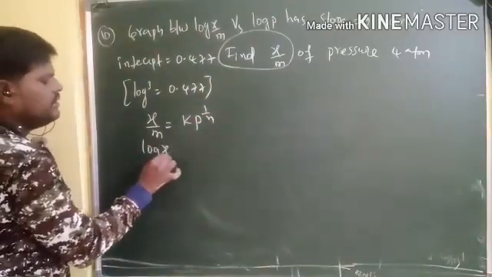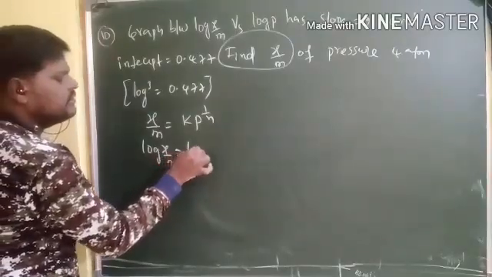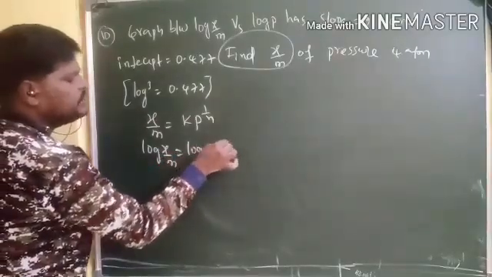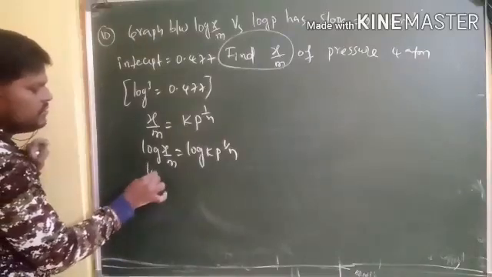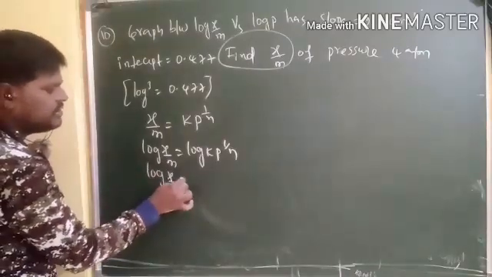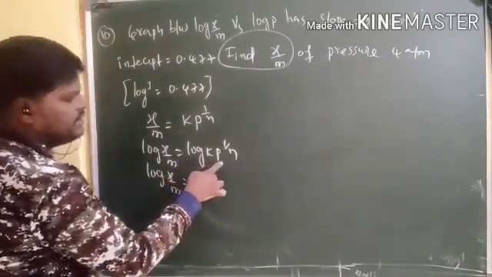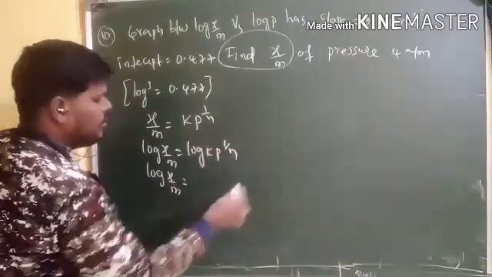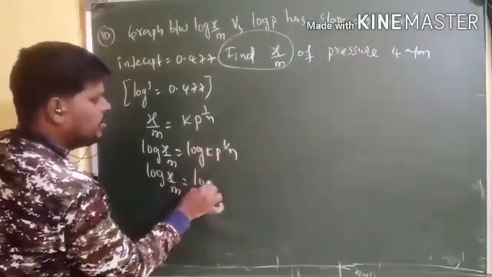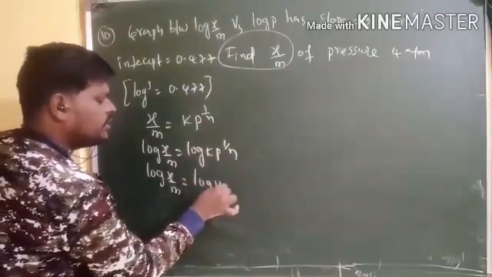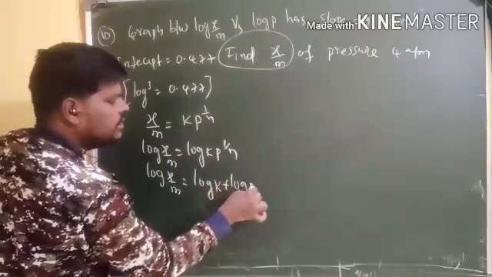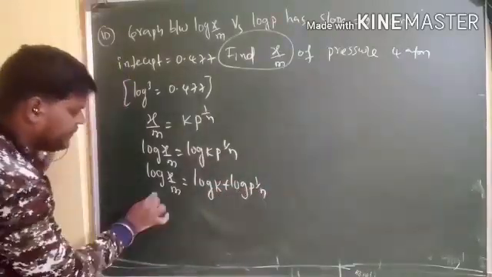So log x/m is equal to log of k into p to the power of 1/n, that is nothing but log k plus log p to the power of 1/n, using the log of a into b formula.